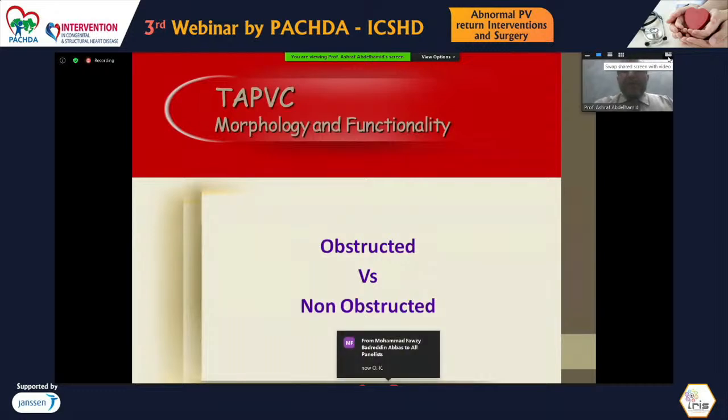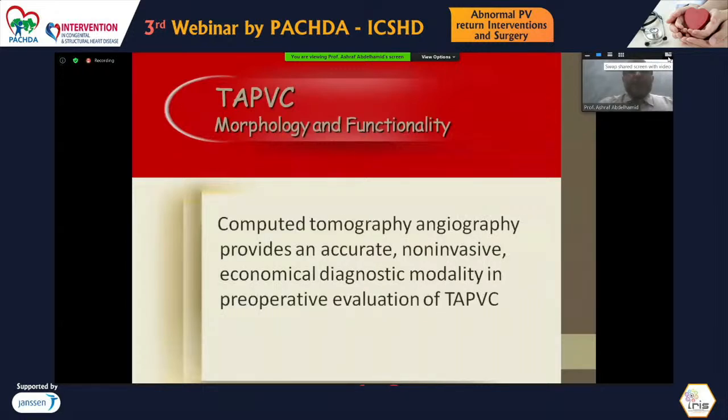What we have as a challenge in the surgery is to know whether the total anomalous connection is obstructed or non-obstructed, because it is either an emergency situation or just an elective situation. To know this, as Dr. Ala also said in his presentation, the main diagnostic tool is echocardiography, which can reveal the basic morphology and also the obstruction, whether obstructed or not.